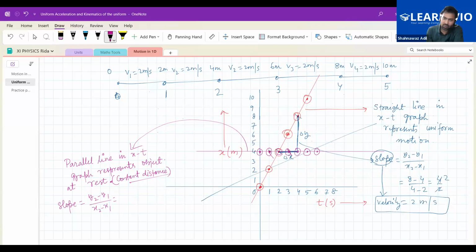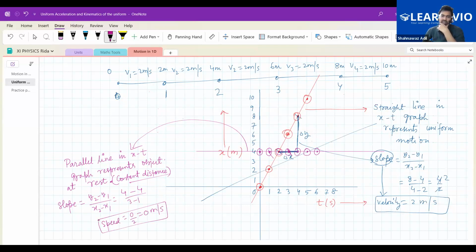So y2 is 4, y1 is 4, and x2 and x1 are 3 and 1. So this is 0 by 2, which is 0 meter per second. So your speed is 0. The object is at rest. Is it clear?